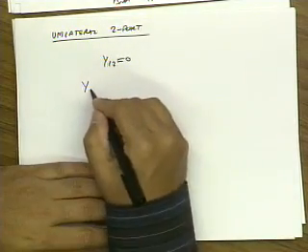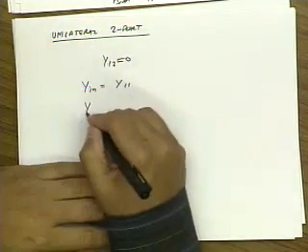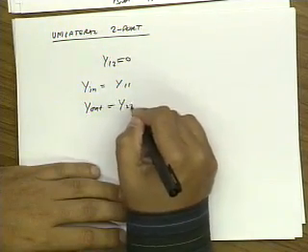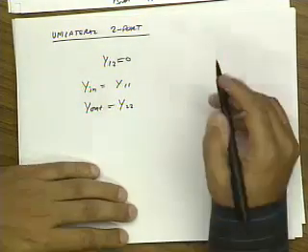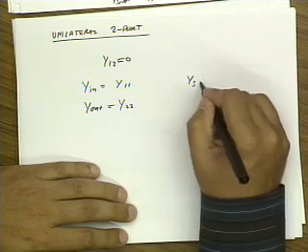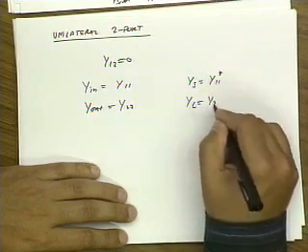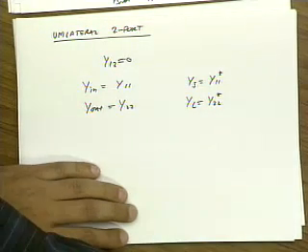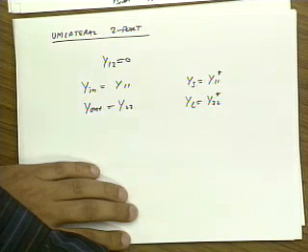That means that y in is simply y11, and y out is simply y22. So it's trivial, right? To get a complex conjugate input and output match, I simply make YS y11 conjugate and YL y22 conjugate. Make sense? Very simple.